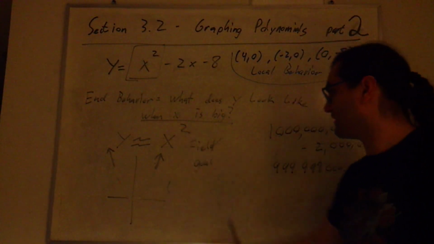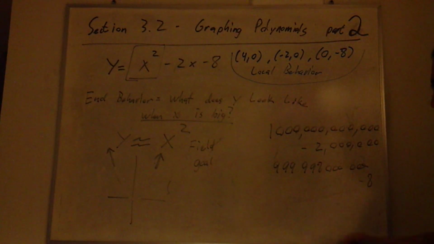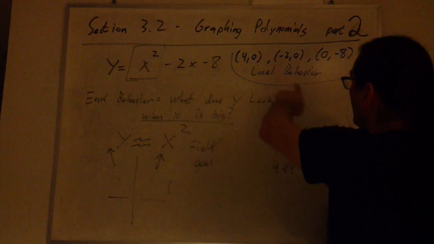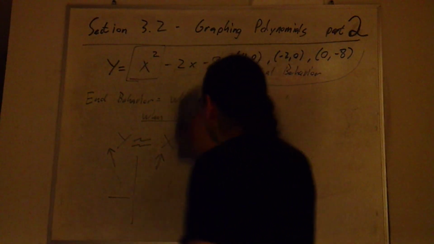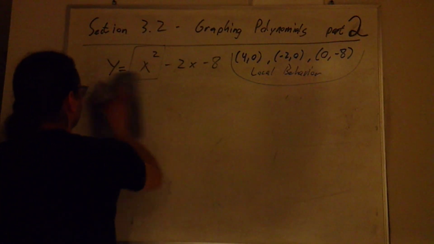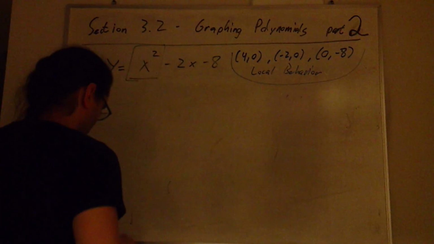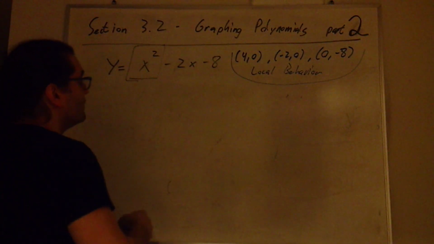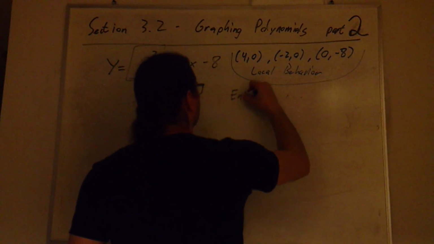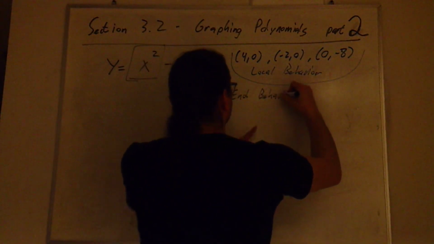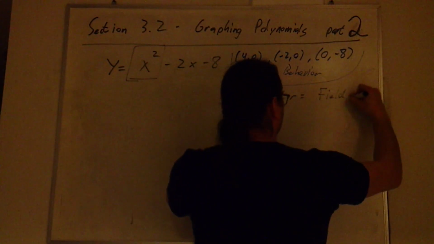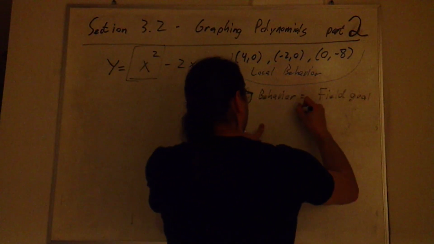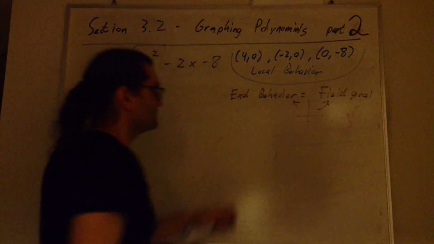That's x squared. So with this information, I can put it all together with this end behavior and this local behavior to draw myself a graph. End behavior is the field goal, which is up to the left, up to the right.